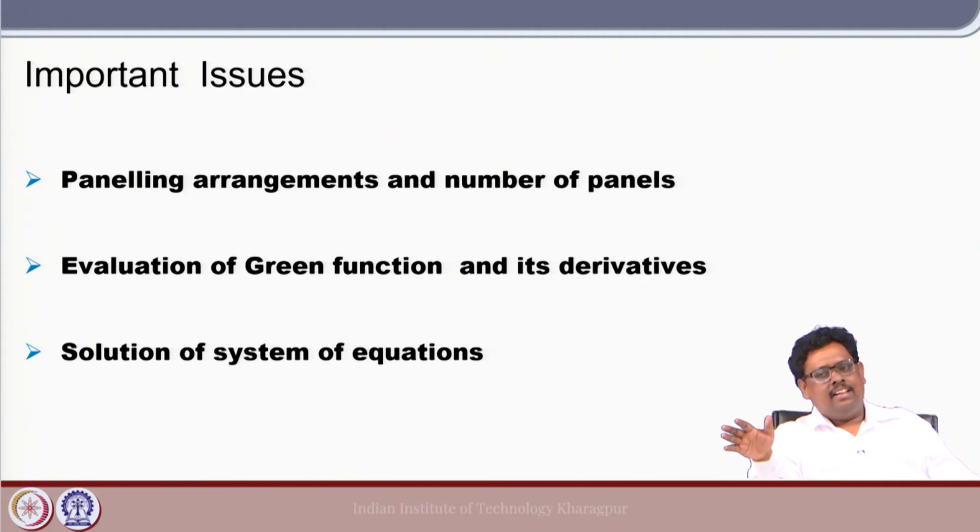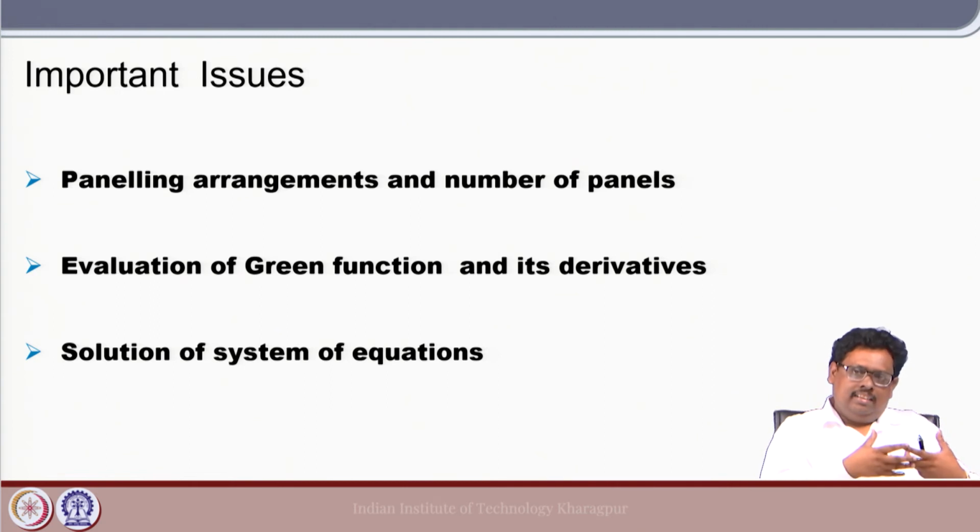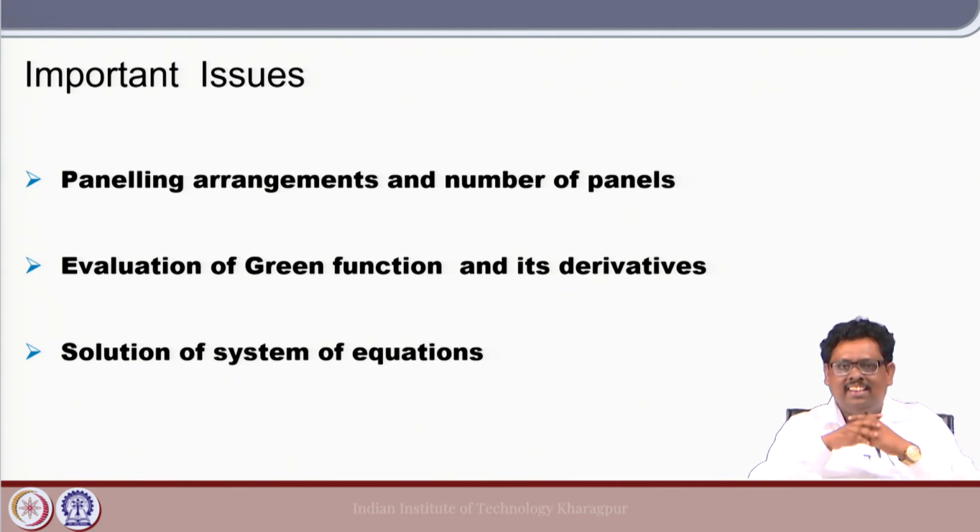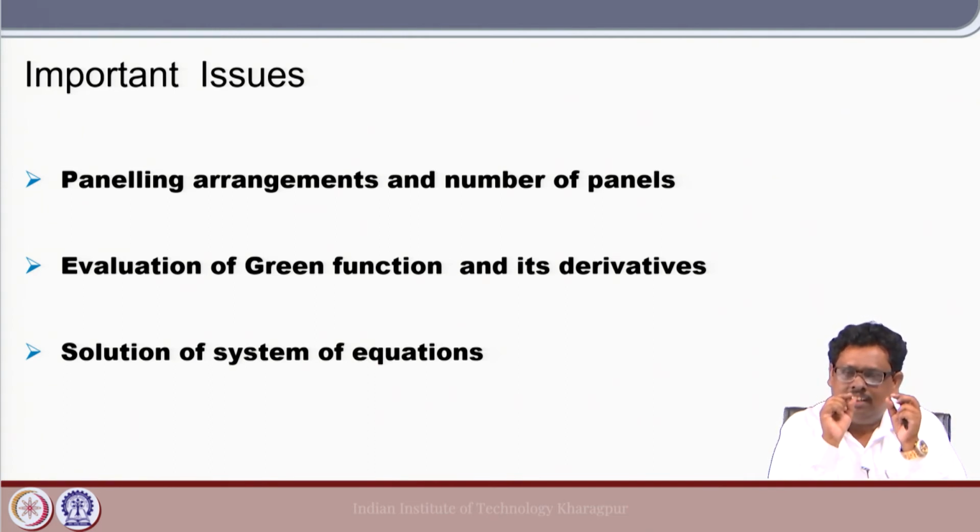This is the standard norm to get a convergent solution for any system. It is our general understanding that if I discretize the grid finer and finer, the result will definitely be better and better.